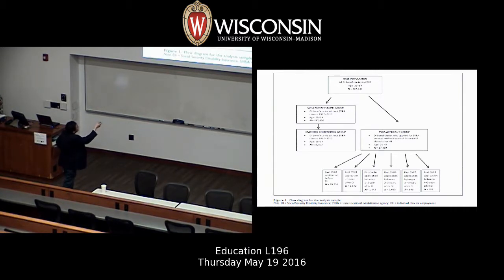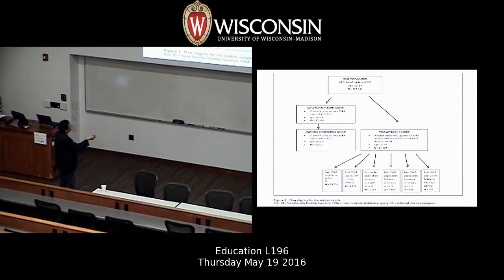We want them to be almost identical in characteristics, so the only difference is that one group receives stable rehab services and one group does not. Then, because it's longitudinal data, we follow them to see which group has a higher trial work period outcome, or termination from benefits because they have a job.